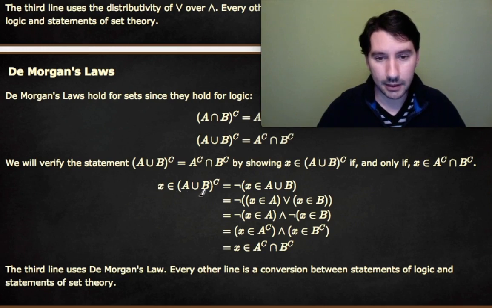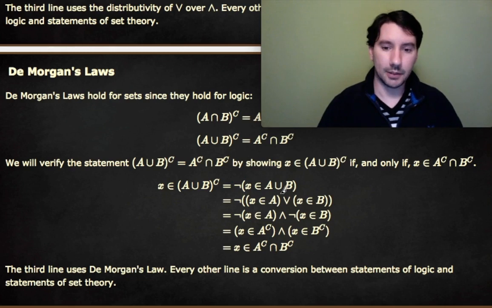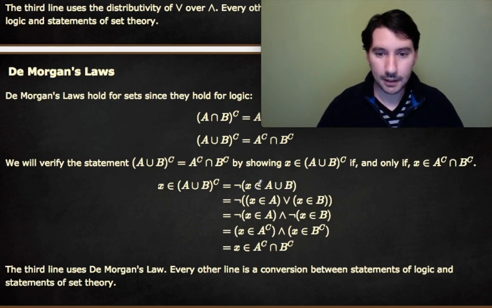So X is in A union B complement means it's not the case that X is in A union B. So we get a negation out front of a statement that X is in A union B. Then the statement X is in A union B just means the statement X is in A or X is in B. It's got to be at least in one or the other, or possibly both.